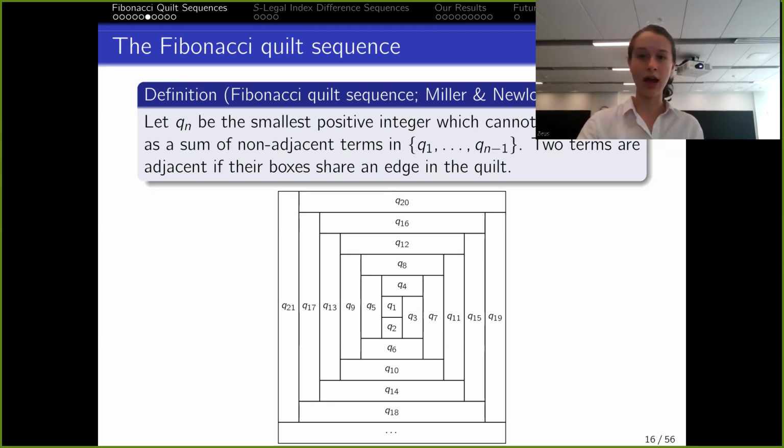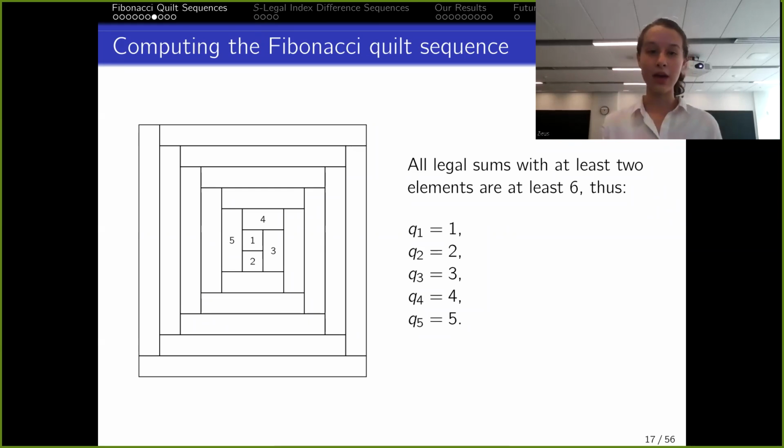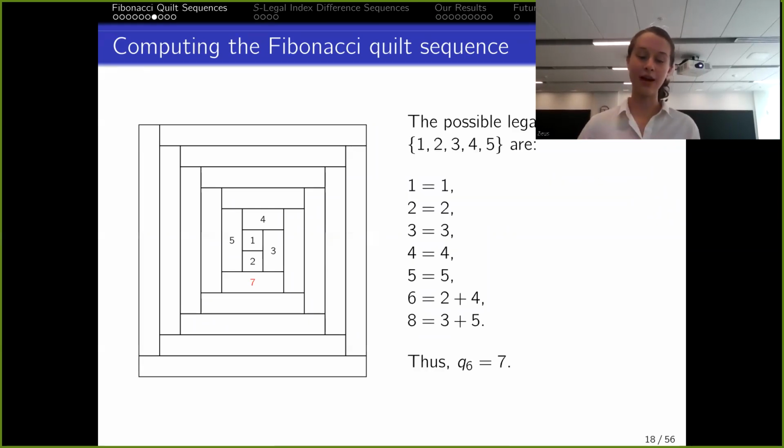To illustrate how we compute this sequence, you can trust me that the first 5 terms will be pretty simple to compute. They'll be 1, 2, 3, 4, 5. Now we want to make the next term. To do this, we'll write down all of the possible legal sums using 1, 2, 3, 4, 5. And here legal means, again, that the boxes corresponding to those numbers are not adjacent in the quilt.